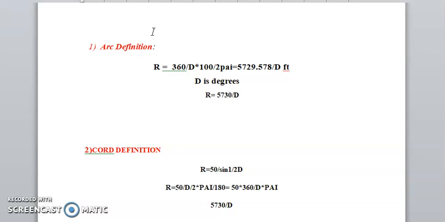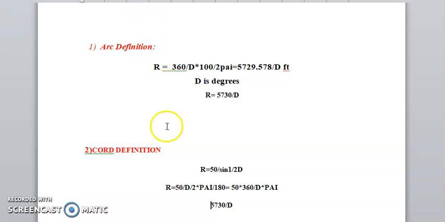R is equal to 360 by D into 100 by 2 pi, equal to 5729.578 divided by D feet. D is the degree, and R is approximately 5730 divided by D. This is the arc definition, the formula of R.